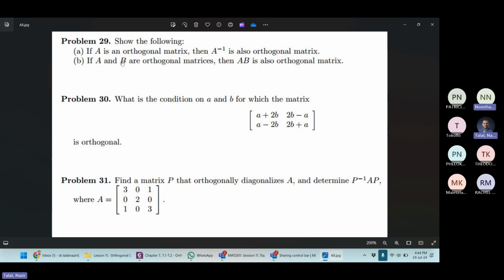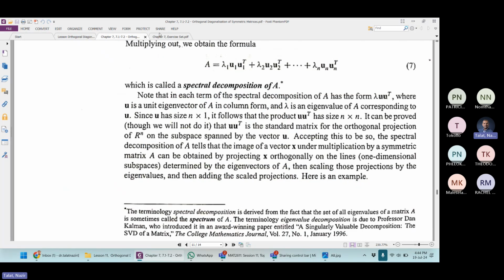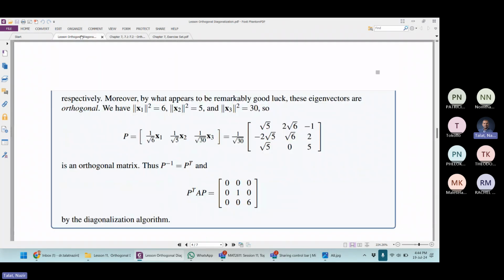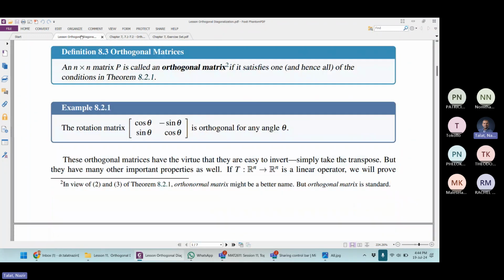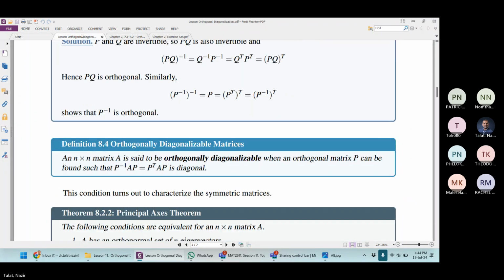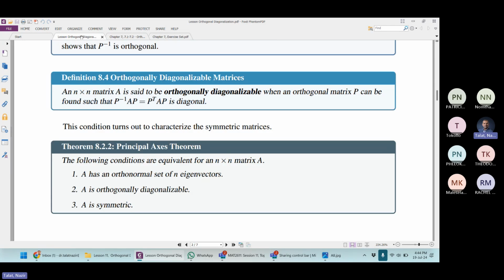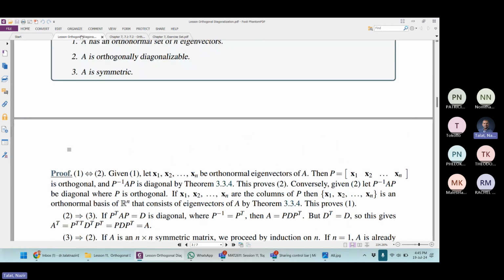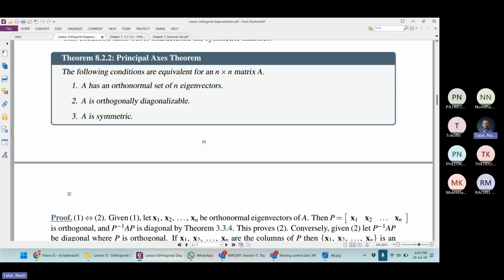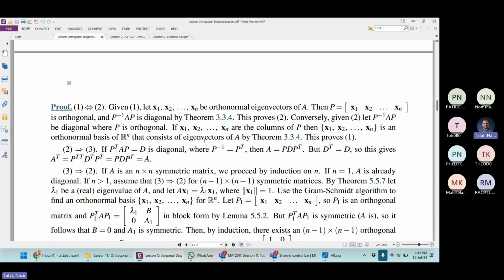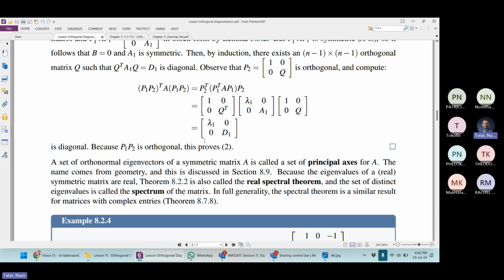Understand? So here, where is the definition, sir? Look, let me show you some of the proofs. These are equivalent statements and results, and here the proof is available, but there are no entries used over here.